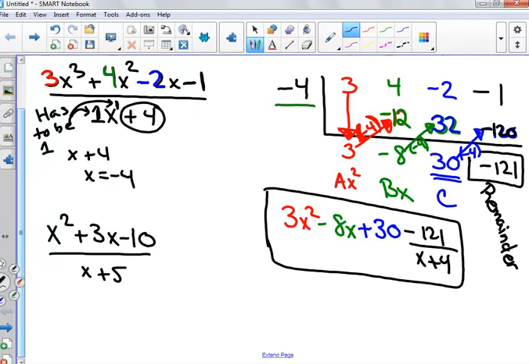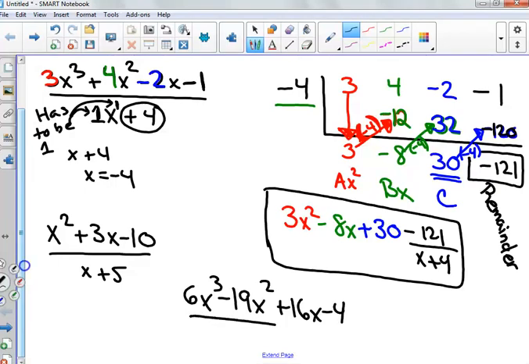And try this one. Those are your two problems to try at home if you would like.